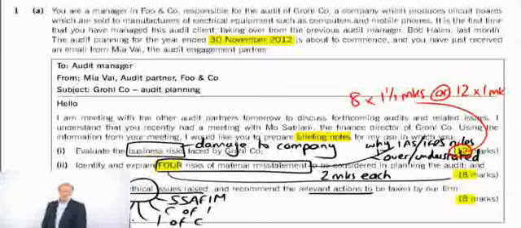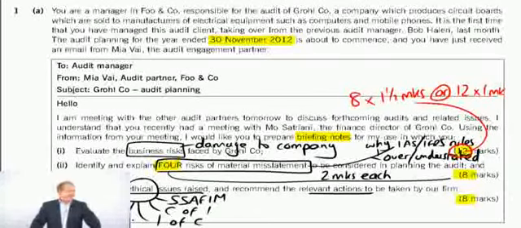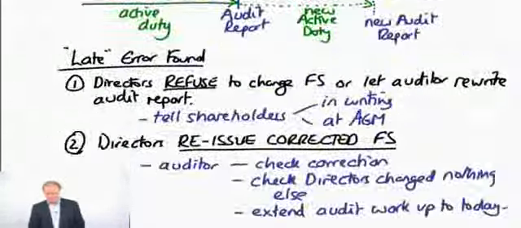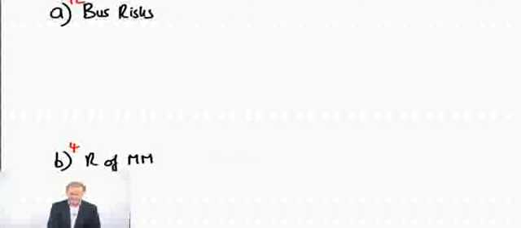I wonder, were there any business risks in that first paragraph? You're imagining food, audit of Grohl, circuit boards, manufacturers, electrical equipment such as computers and mobile phones. I'm thinking business risk, and in fact risk of material misstatement, because they are in a high-tech industry.